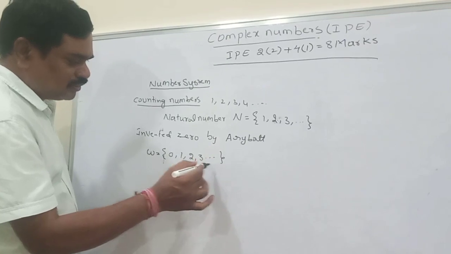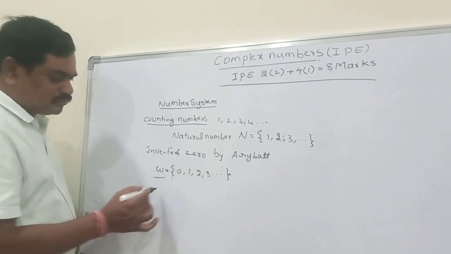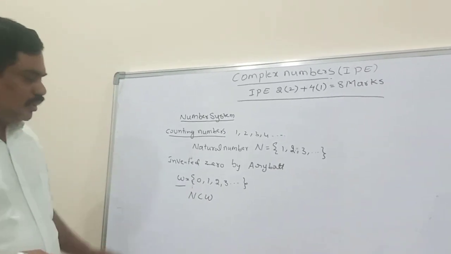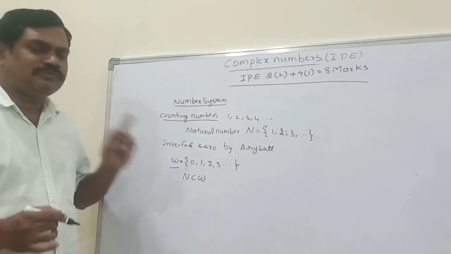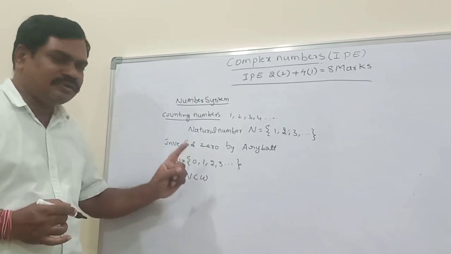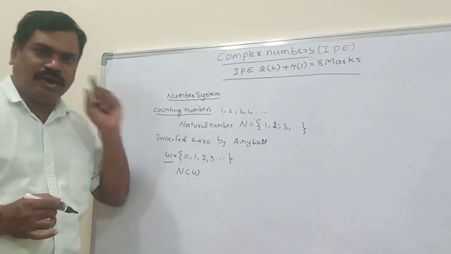These are called whole numbers. So N is a subset of whole numbers. Whole numbers are 0, 1, 2, 3 and so on.